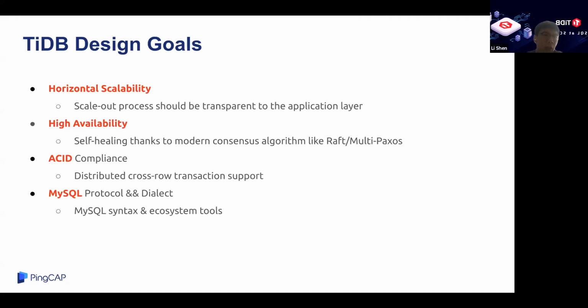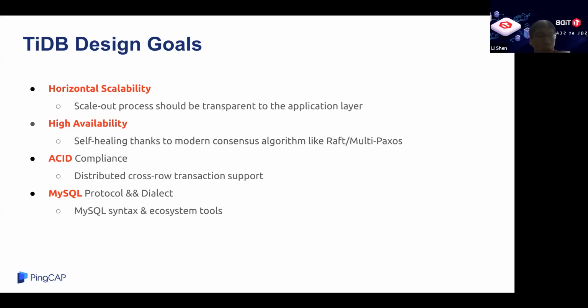With TiDB, you can easily add more instances to the cluster to support more traffic or QPS. And the scaling process should be transparent to the application layer. You do not need to use table partition or sharding in your application layer to get more scalability.